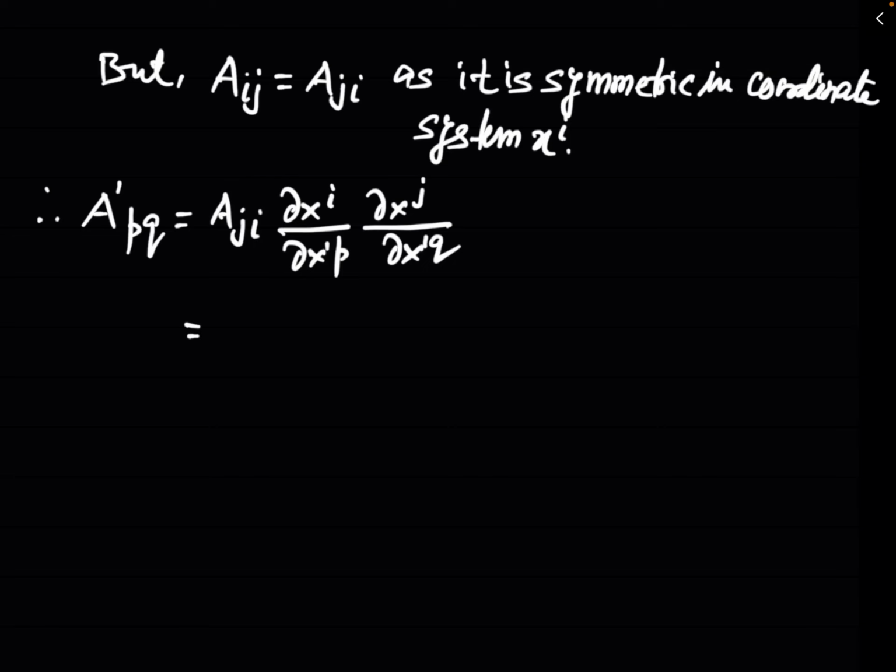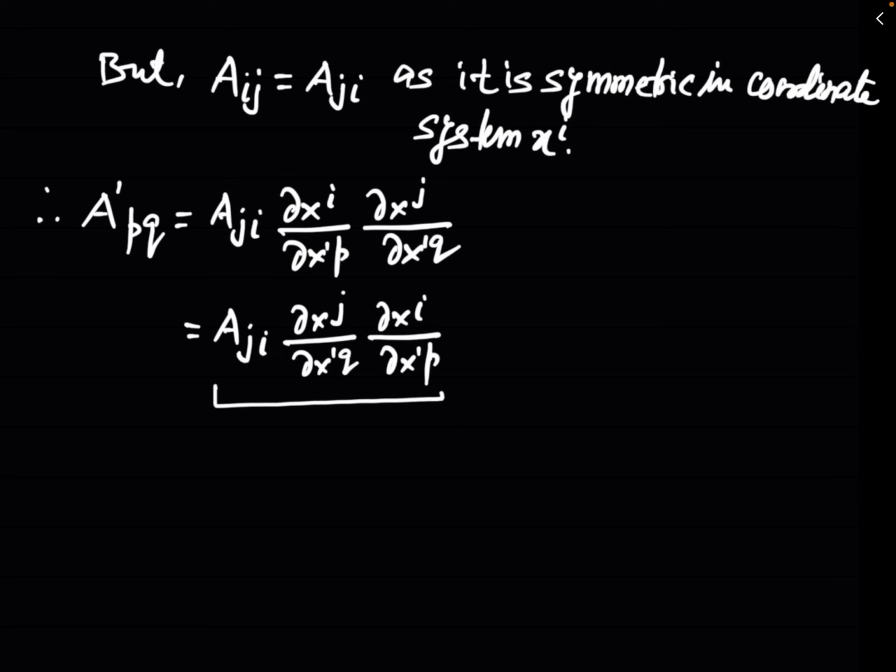Now this is just a simple multiplication, so you can write it A sub ji del xj by del x prime q times del xi by del x prime p.